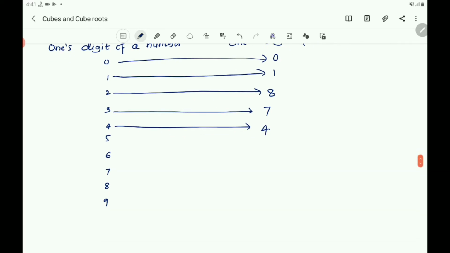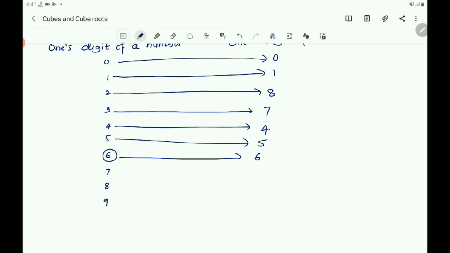Next, if the given number has 5 in its unit place or ones place, its cube has 5 in the unit place. If a number has 6 in the unit place, its cube has 6 in the unit place.